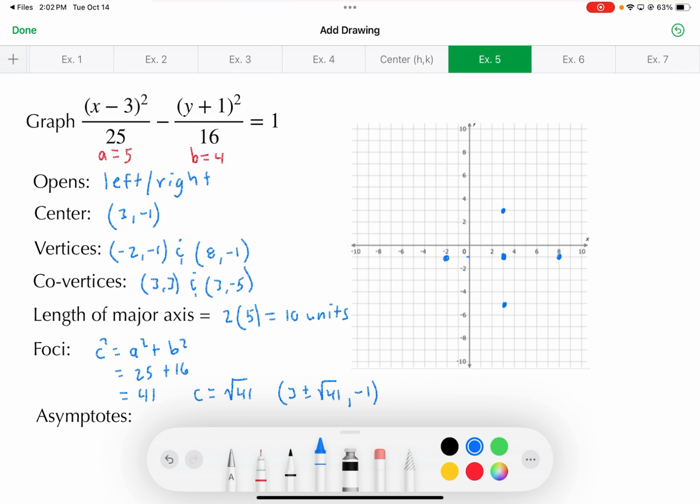Okay, so radical 41 is a little bit larger than what? 6 units, right? So that places me right about there.